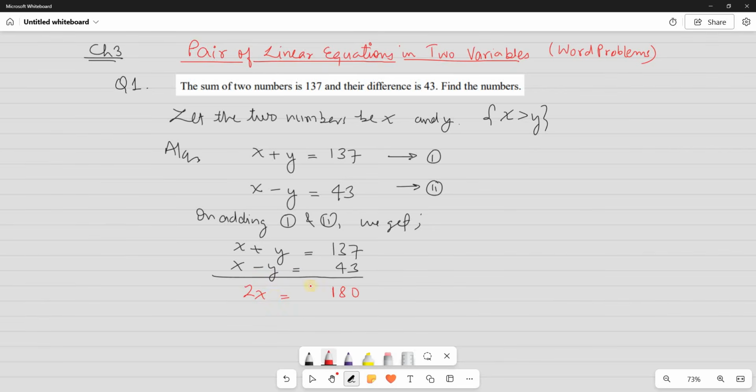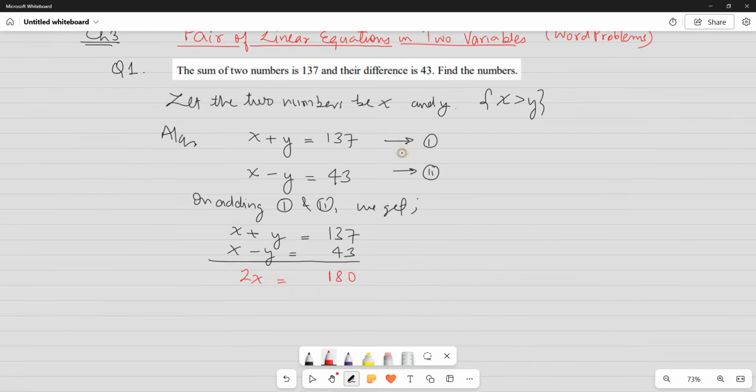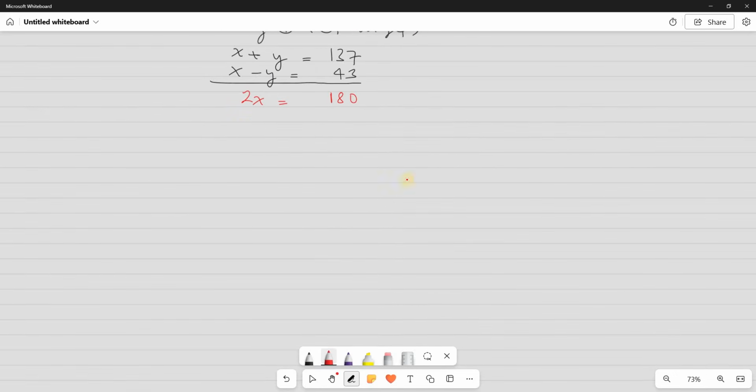To further solve it, we have 2x equal to 180. To solve for x, we have to divide by 2 because x is multiplied by 2. So we divide both sides by 2.